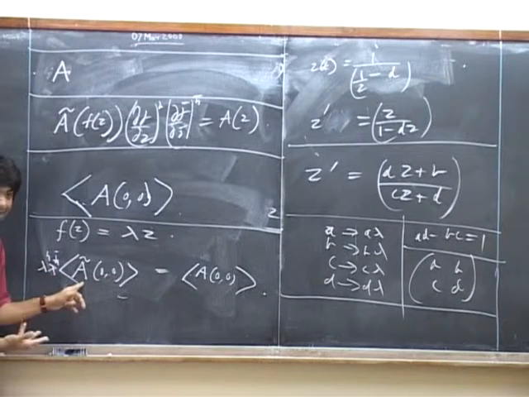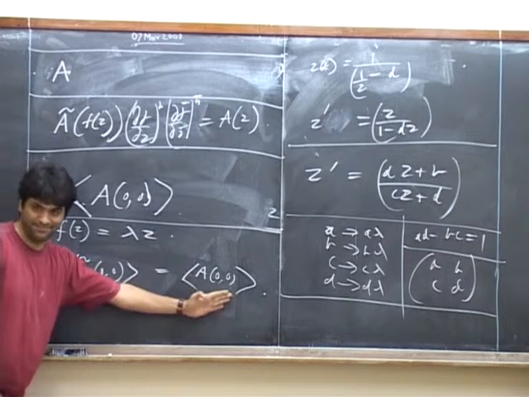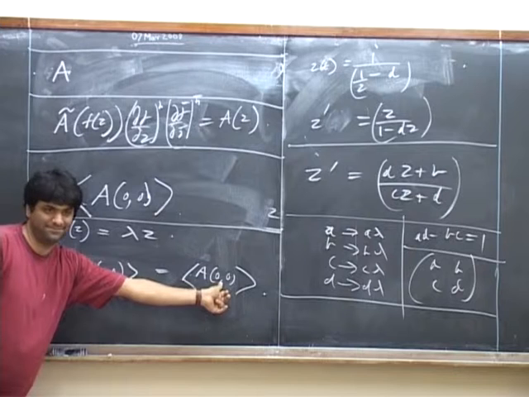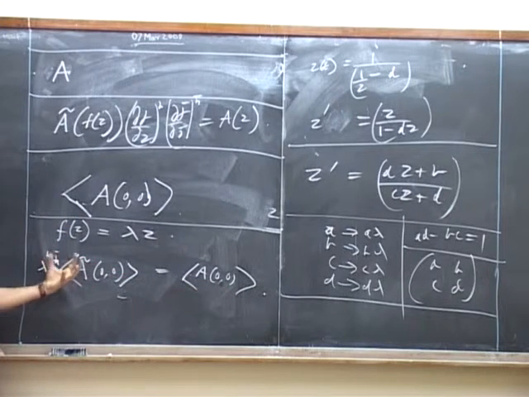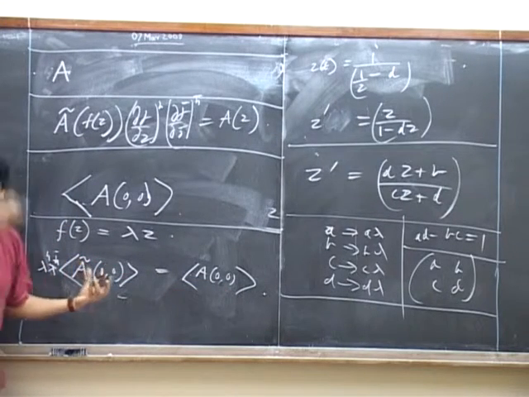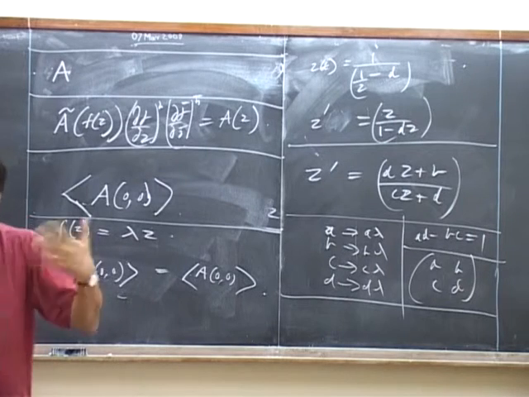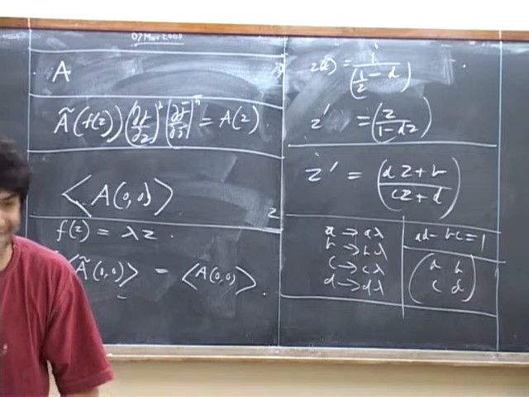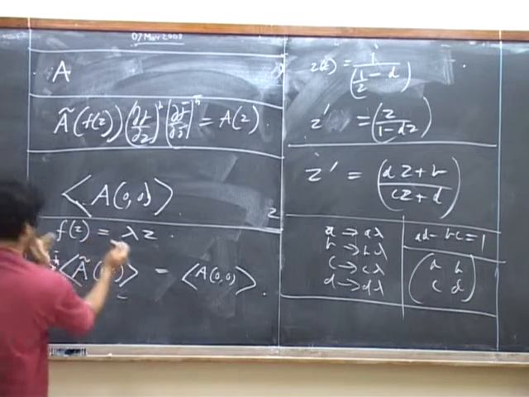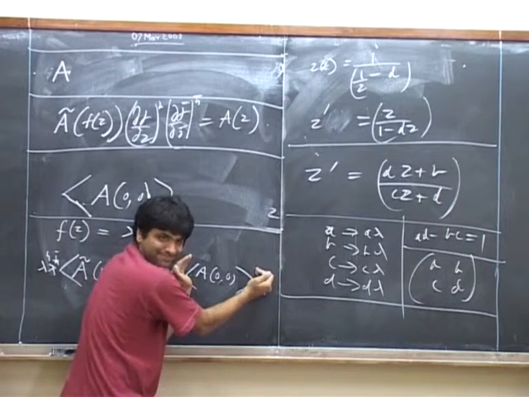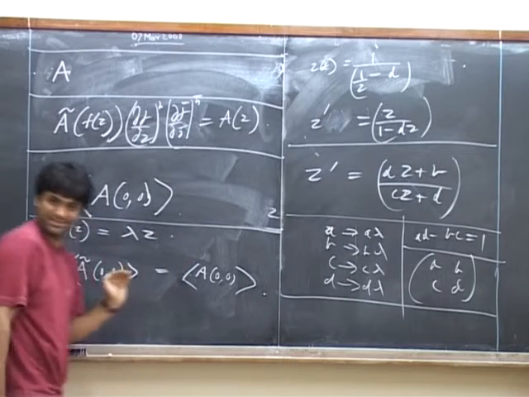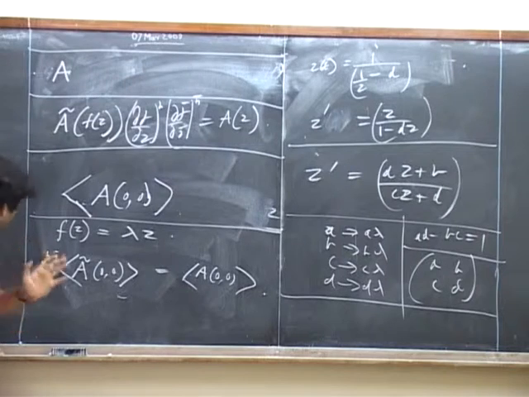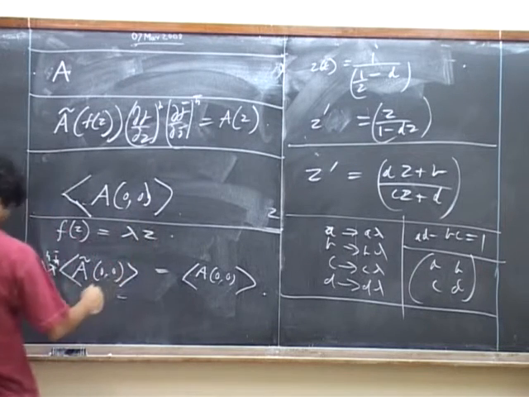This quantity is simply the same calculation in the z prime variables as this quantity. A tilde is the same operator as A was in the new variables. So this quantity is just equal to this quantity. Do you understand that?